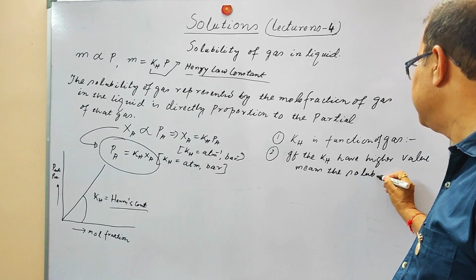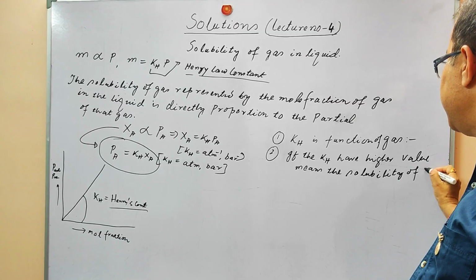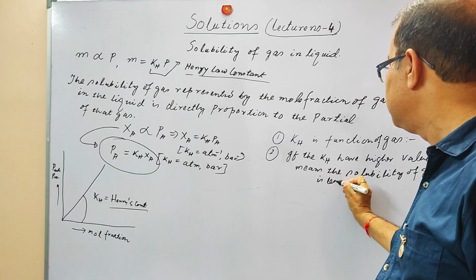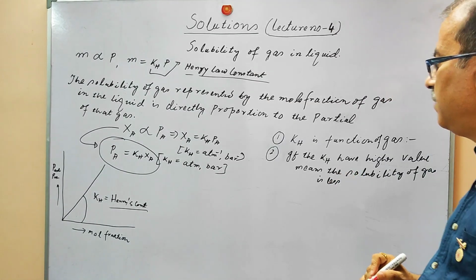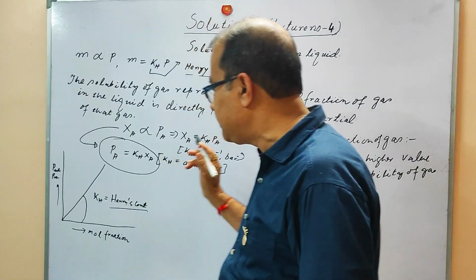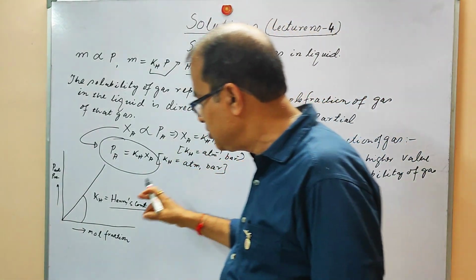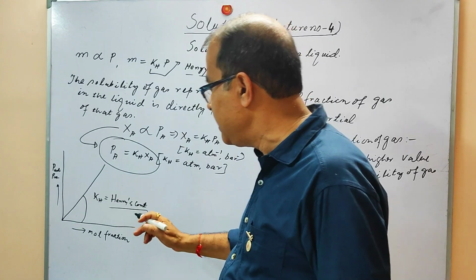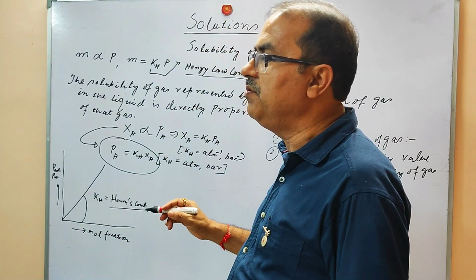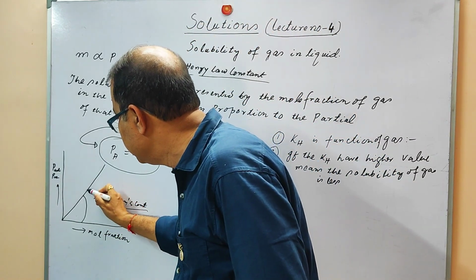You can easily understand this. The solubility is represented by the KH, and this KH is a constant. If this KH is higher, the solubility will be lower at the same pressure. That you can easily understand.